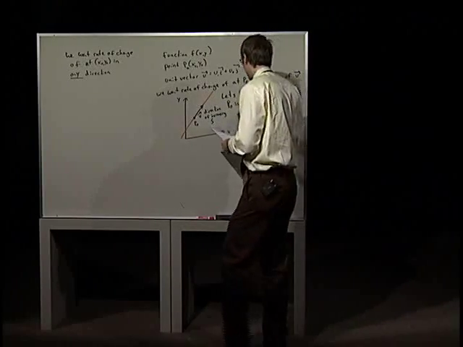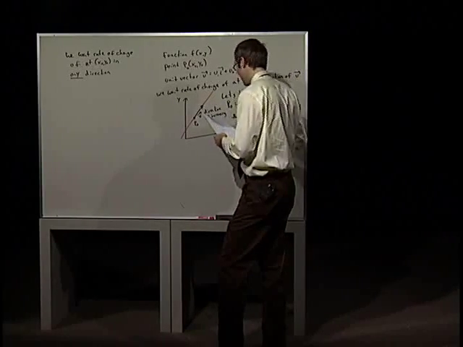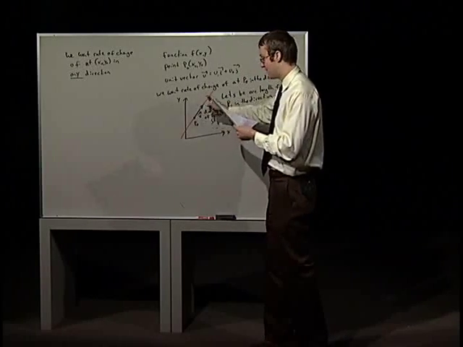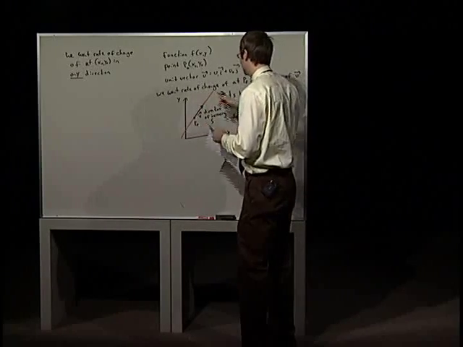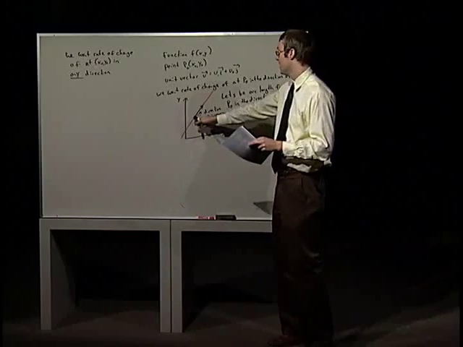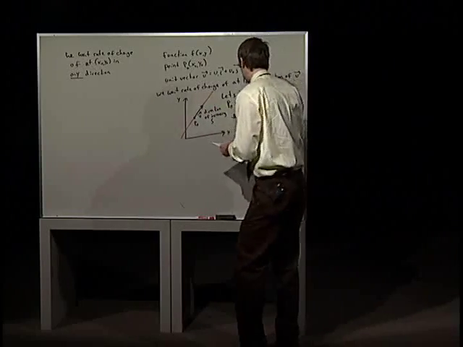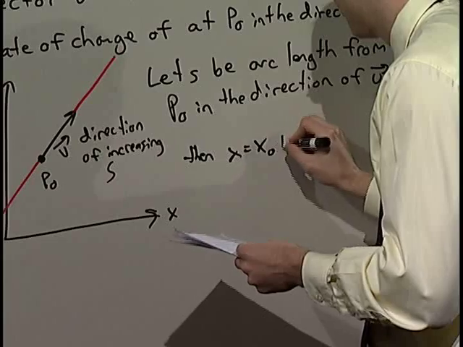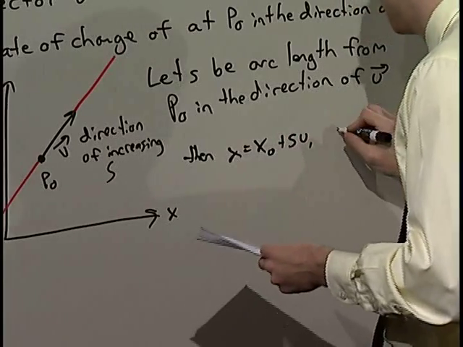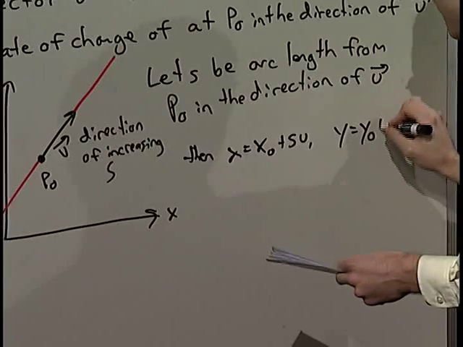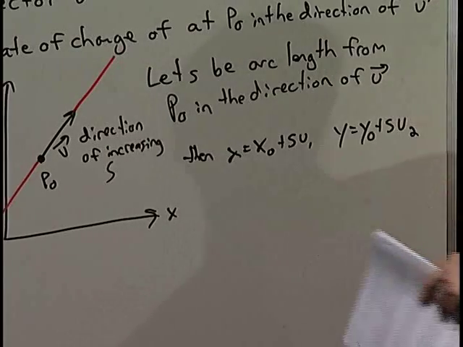All right, so this line that I've drawn here is a line through the point P naught parallel to the vector u. So x equals x naught plus s u1 and y equals y naught plus s u2.